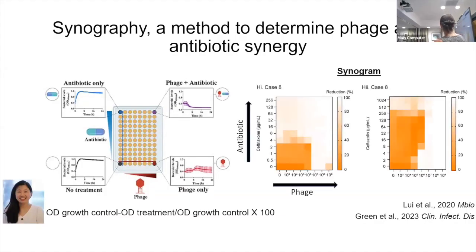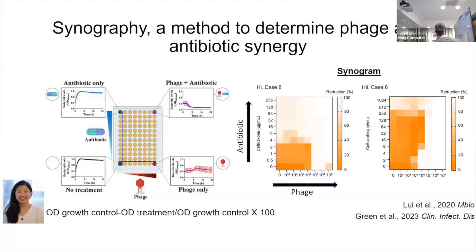And from this information, you can make a nice histogram, or we called it a synogram. So you can see here the darker color indicates 0% reduction in bacterial growth, and the white indicates 100%. And then the x-axis is the phage concentration, and the y-axis is the antibiotic concentration.